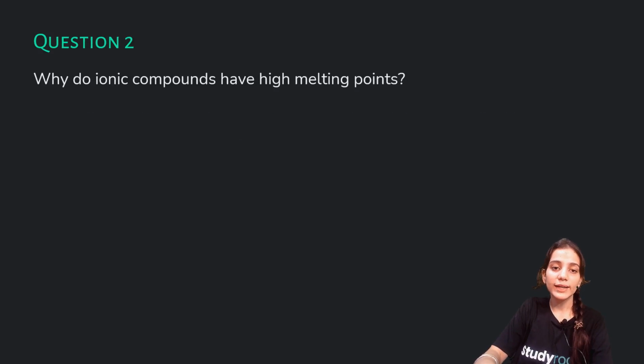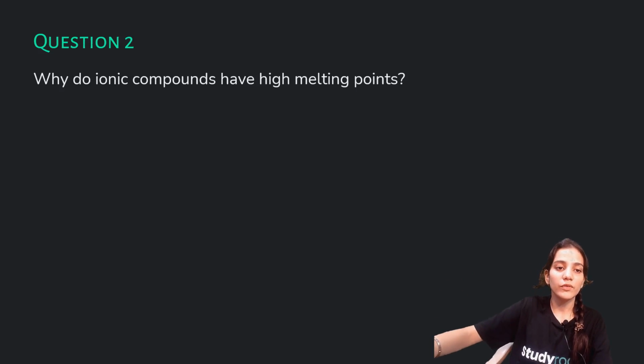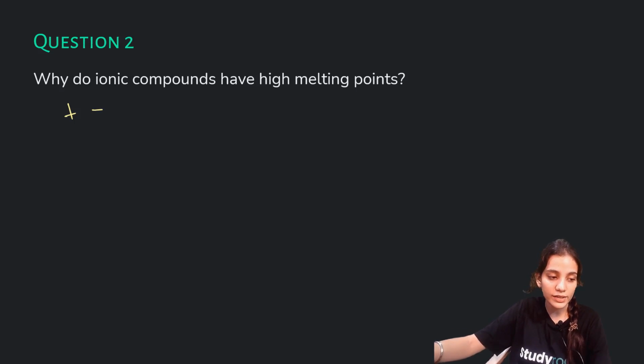Now why do ionic compounds have high melting points? We discussed in the previous slide, ionic compounds are held together by electrostatic forces. When a positive and negative ion are combined together, they are held together by electrostatic forces between the oppositely charged ions.